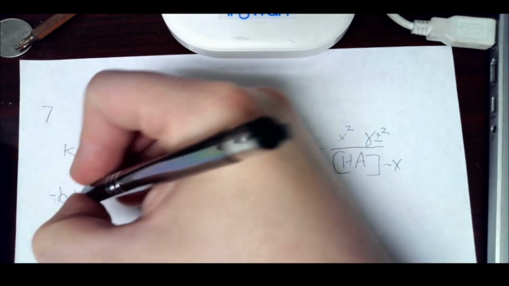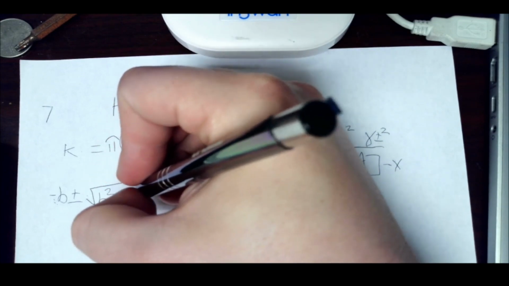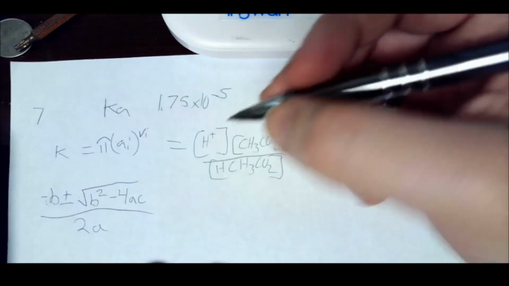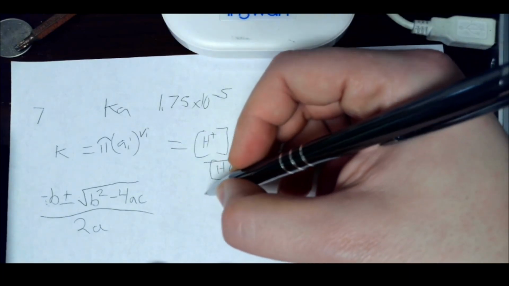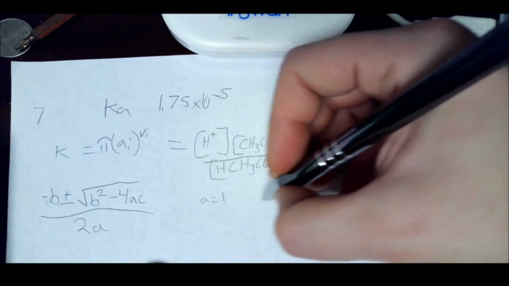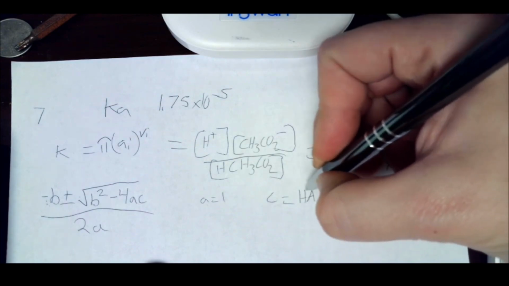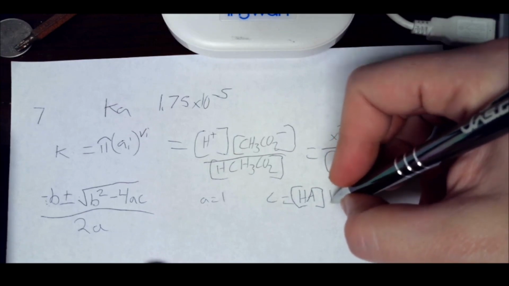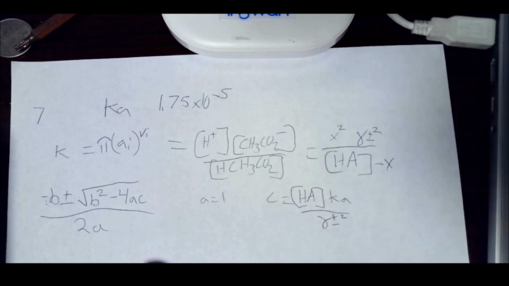That is negative b plus or minus the square root of b squared minus 4ac, all over 2a, where A is going to be 1, and C is going to be the initial HA times Ka divided by gamma plus or minus squared.